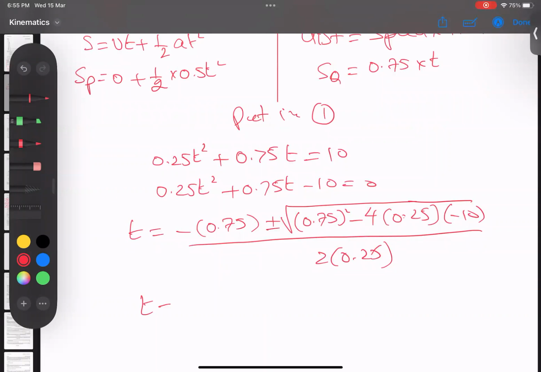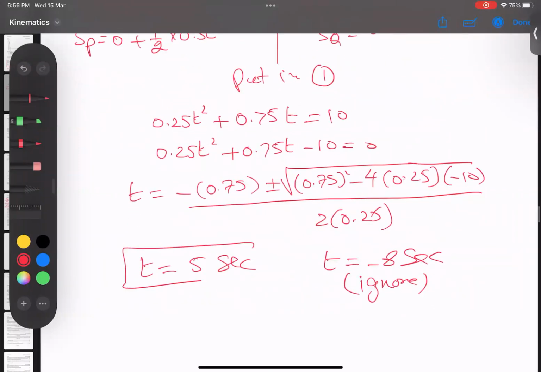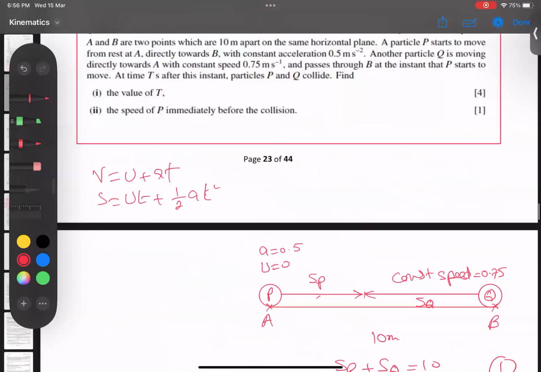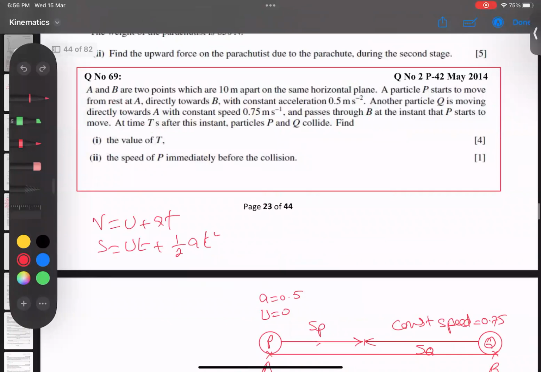A is 0.25, B is 0.75 and C is negative 10. My first time comes to 5 seconds and the second is negative 8 seconds. Why ignore it? Because time is never negative. So this is my answer for time, which he was asking for.